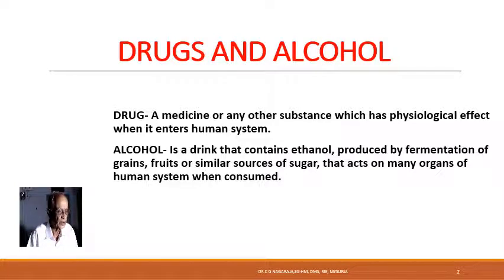We shall look into that in detail maybe in the next few PPTs. But now you should be able to know that both the drug and the alcohol are consumed by people for social gatherings or for medical purposes or for any other purpose.